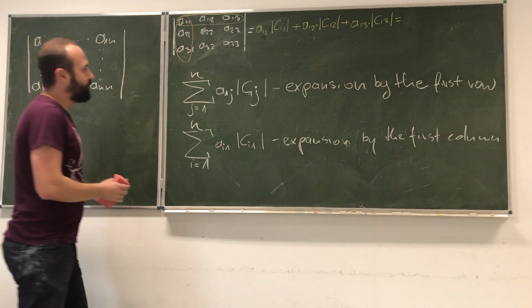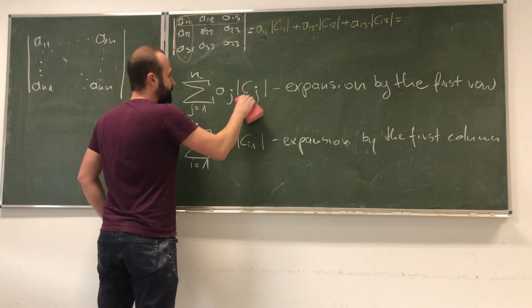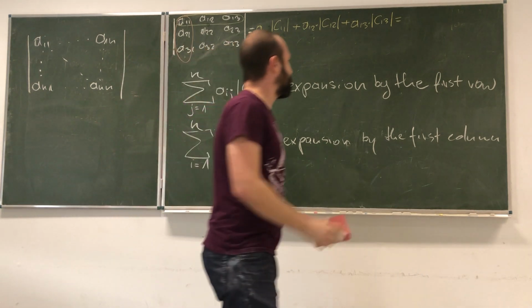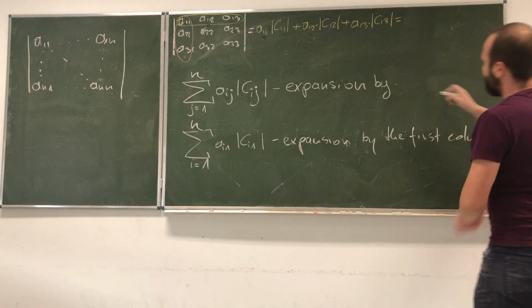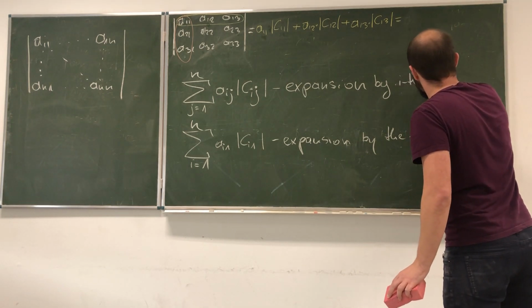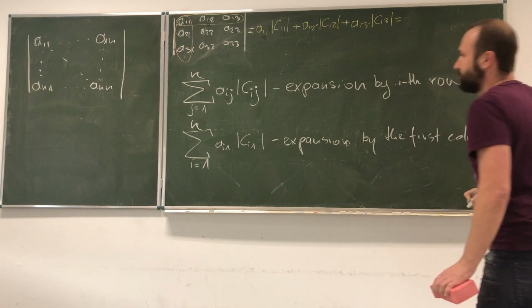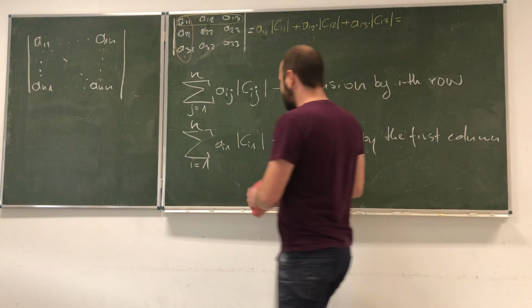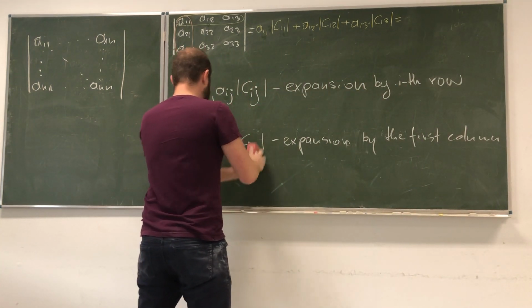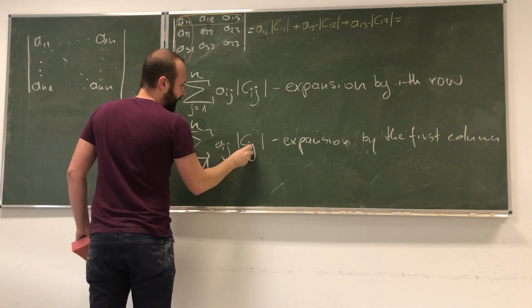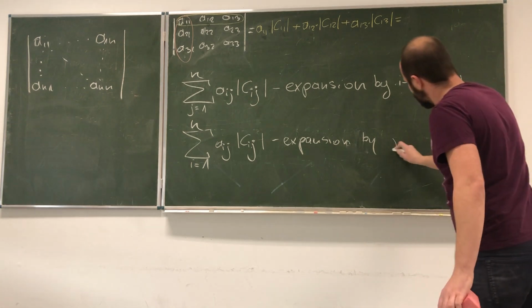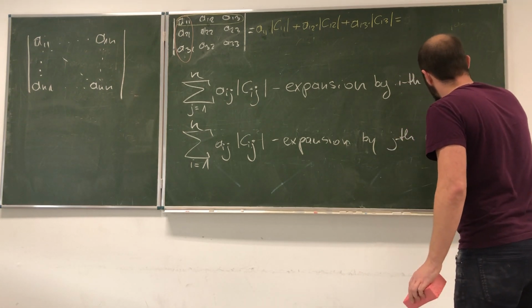Look, here we need to change just one thing. Here I would introduce i, and this would be the expansion by each row, right? We just need to now substitute i with the row we want to choose. And if I here change 1 to j, I will have expansion by j column.